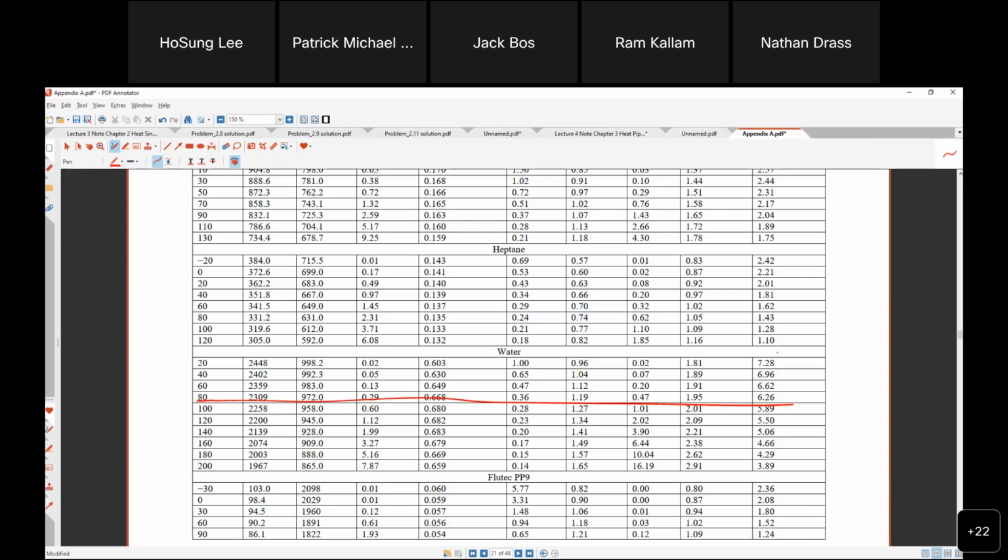So this is the surface tension. This is vapor pressure, the pressure of vapor, and this is the vapor viscosity.